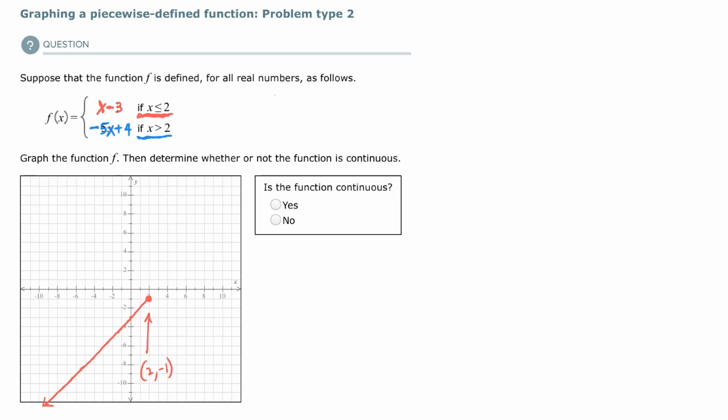And then we're going to go down 5, right 1. Down 1, 2, 3, 4, 5, and then right 1, and plot another point right there. What is that? That is actually 1, negative 1. I'm going to draw it dotted.